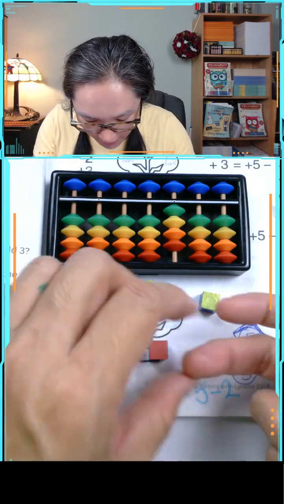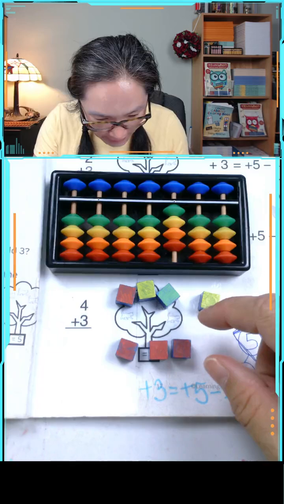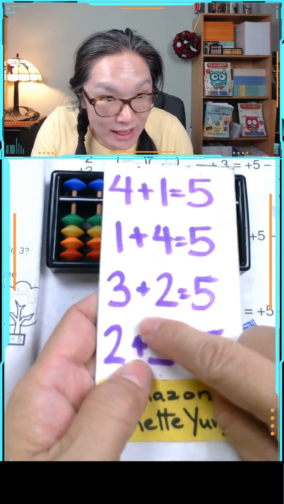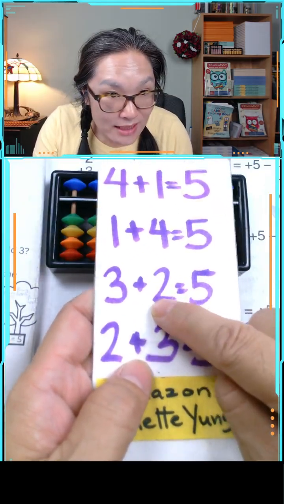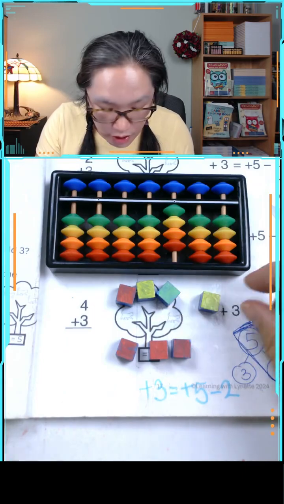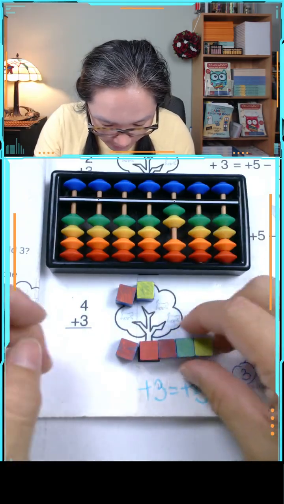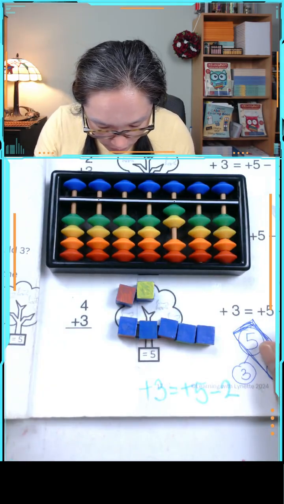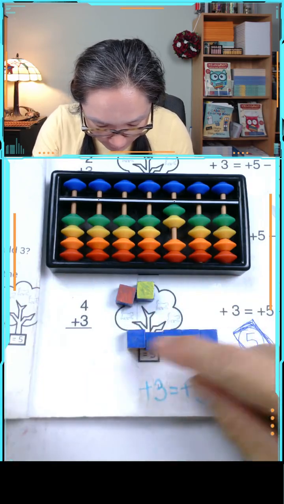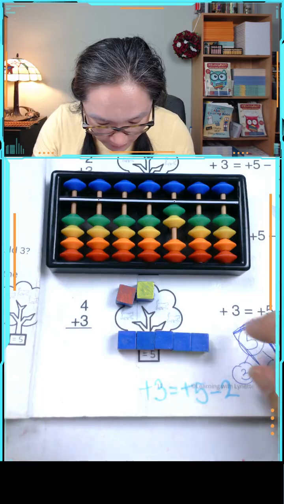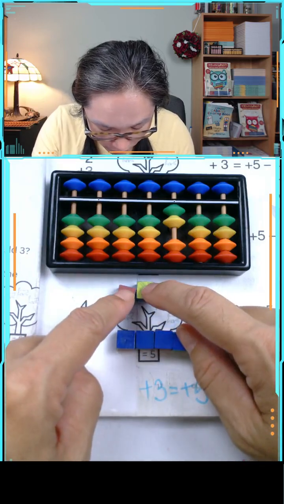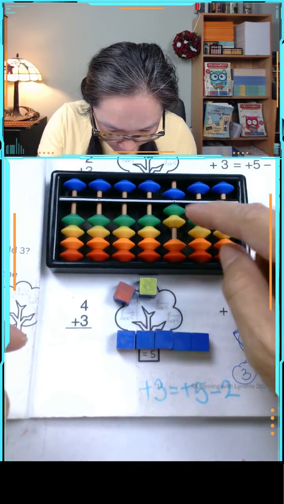To make a 5, I need to add a 2. The 2 has to come from the previous number. So the 2 is here. Take away 2 and add it to the bottom one, and I've made a 5. So my final answer is 7. 5 plus 2 is 7.